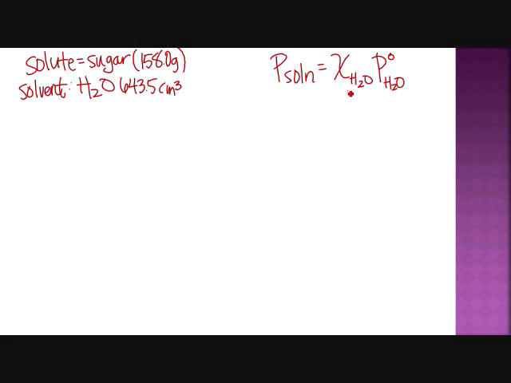So if it's a mole fraction, do we need moles of everything? Yes. So we need to find the moles of sugar and the moles of the water. The nice thing about this problem is that you are given the molar mass of the sugar, right?